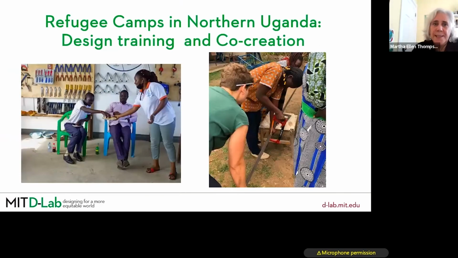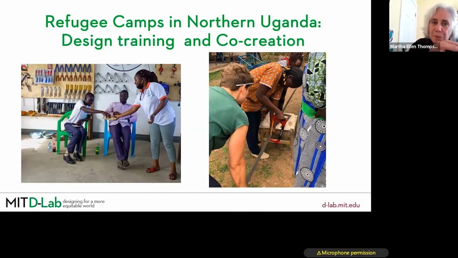Sure, of course. We're working in refugee camps in northern Uganda, and we work through a national Ugandan NGO called Kuliga Uganda and a refugee-led organization called YSAT. And we work with them to train trainers, and they've set up innovation centers, which you can see on the left-hand side.